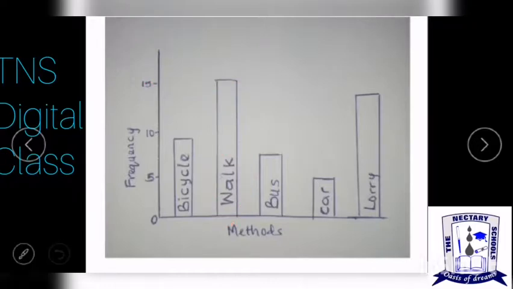Is that taken? 7 students go to school by bus. We assume that number 7 is somewhere here, and that is why the length of the bar is like that. 5 students go by car. You can see.